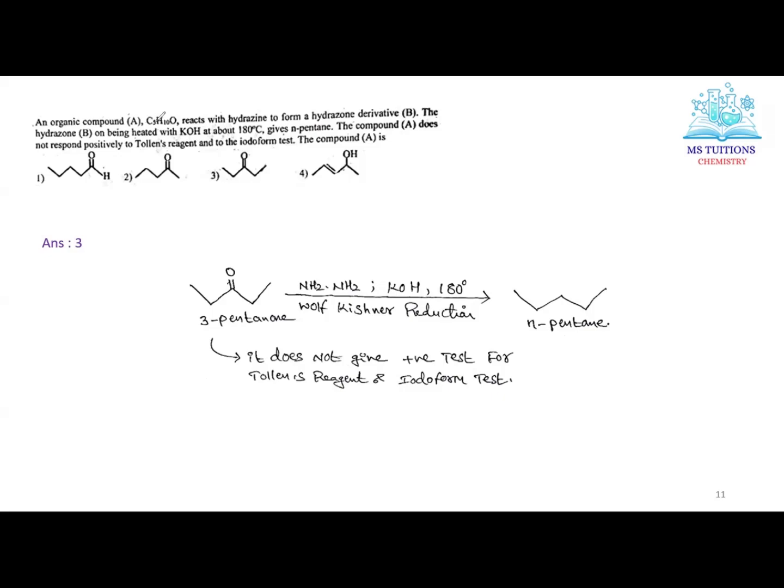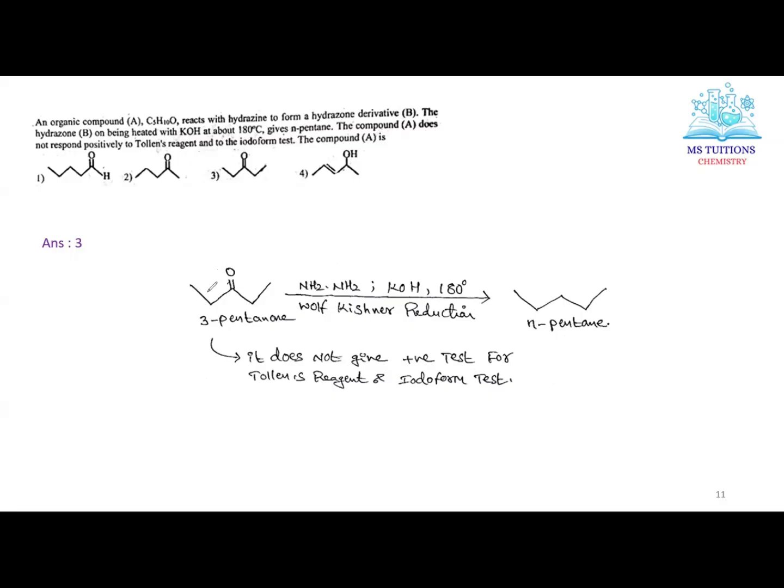An organic compound A, C5H10O, reacts with hydrazine to form hydrazone derivative B. The hydrazone B, on being heated with KOH at about 180 degrees, gives n-pentane. The compound A does not respond positively to Tollens reagent or to the iodoform test. The compound A is?